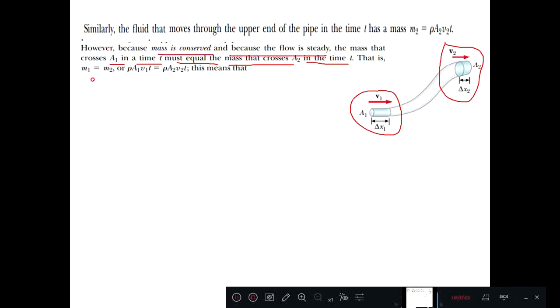Or you can say rho A1 V1 t is equal to rho A2 V2 into t. This means that A1 V1 is equal to A2 V2 is equal to constant.